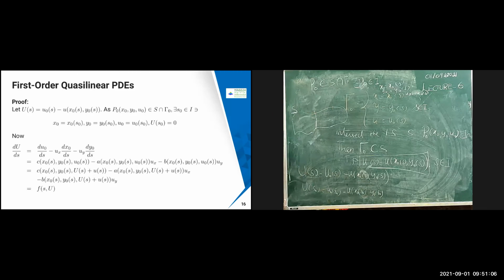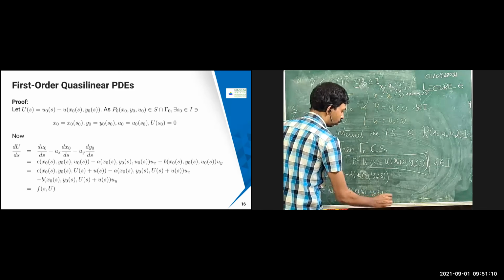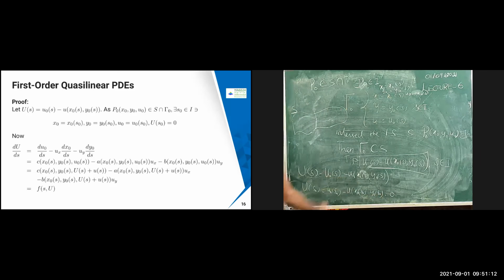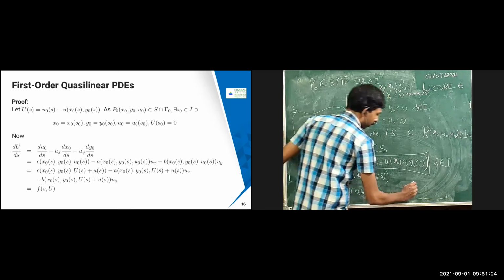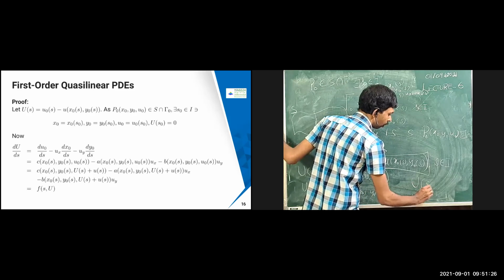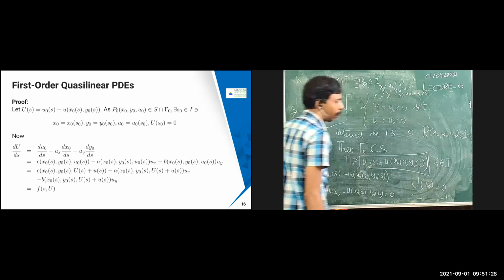Again, these are all the same, so this is going to become 0. These two are the same, because the point is in gamma naught as well as in S. So the condition is that U of s naught is 0.